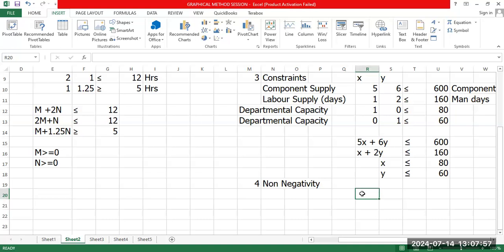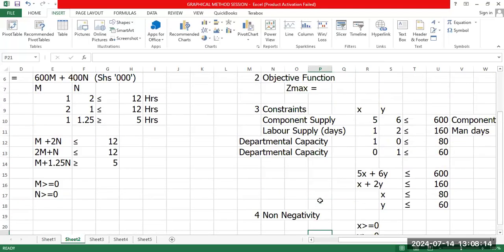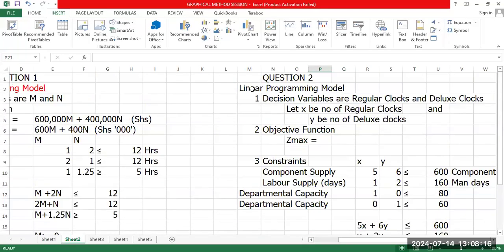X greater or equal to 0 and Y greater or equal to 0. This is always a free mark. Never forget. So that is your linear programming model for question 2.